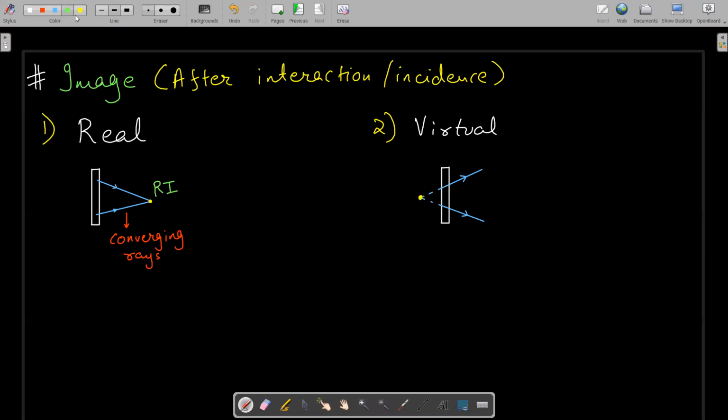Okay, so this is called a virtual image. Now, as you can see that these rays are diverging rays. Is that clear? Is this clear to you all? Image और object का concept.